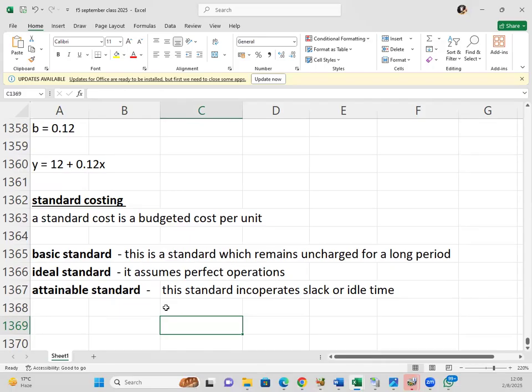The good part about an attainable standard is that it tends to motivate because the standard is set based on something that is realistic.